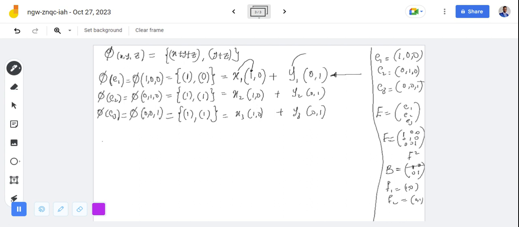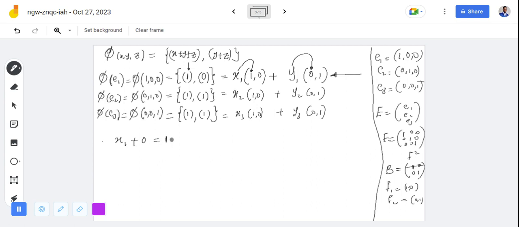Use this Y1 to multiply this first result. Add them together and equate it to this first result. Now let's try. X1 times 1, X1. Then plus Y1 times 0, 0 equals this first result, 1.